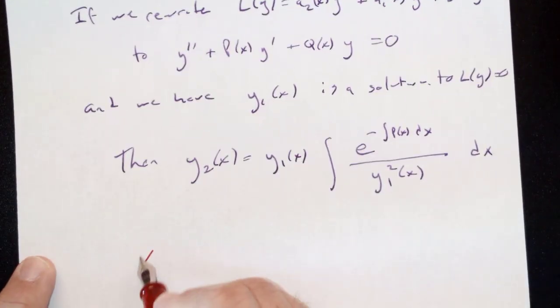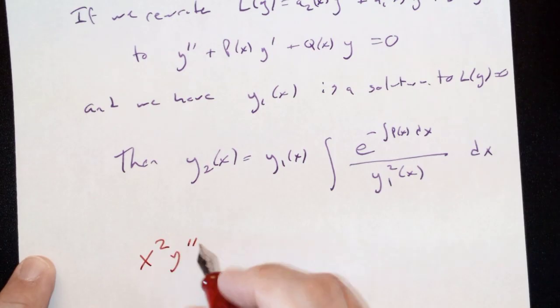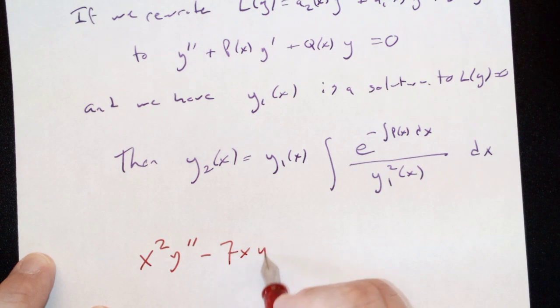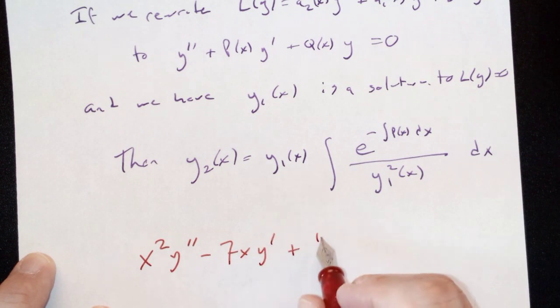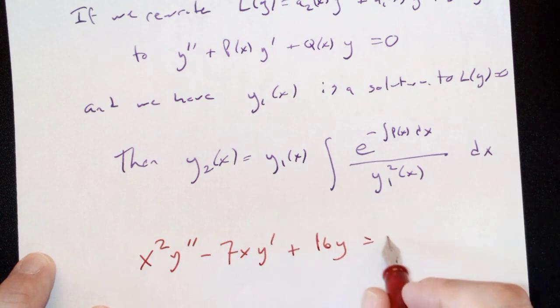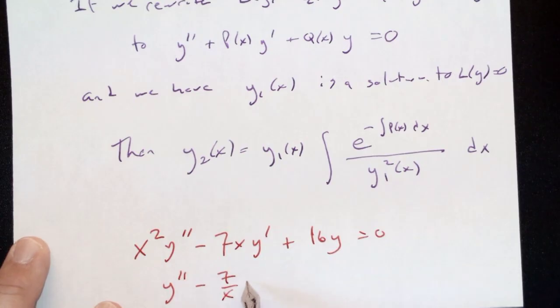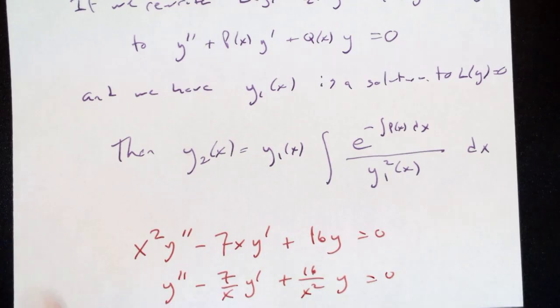It was x squared y double prime minus 7x y prime plus 16y equals 0. I'm going to divide by the x squared. Y double prime minus 7 over x y prime plus 16 over x squared y equals 0.